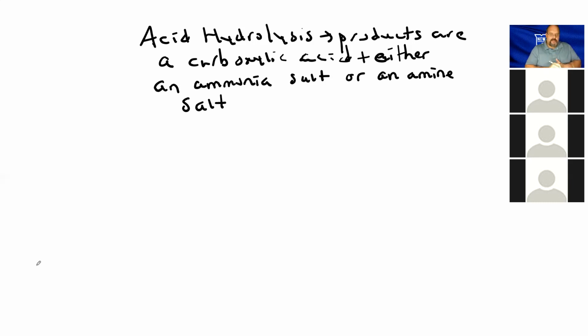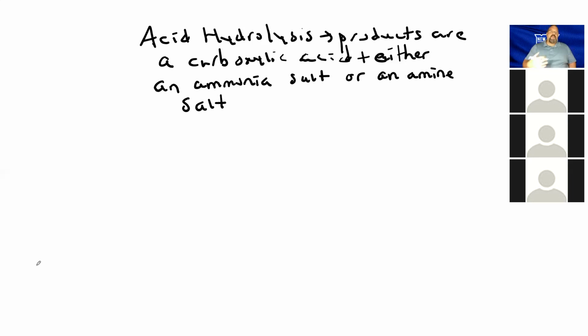So you get a carboxylic acid, and the nitrogen part is going to become a salt. The process in terms of drawing the salt is going to be the same whether it's a primary amide, a secondary amide, or a tertiary amide. But the difference in the different types of amides and their hydrolysis is the type of salt.